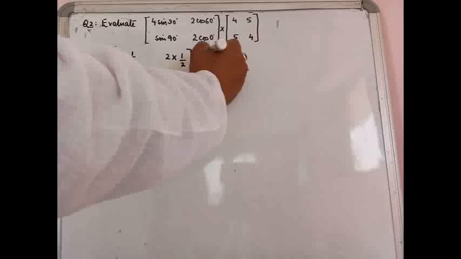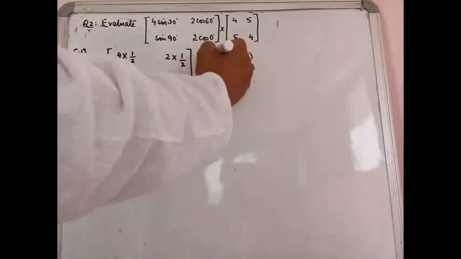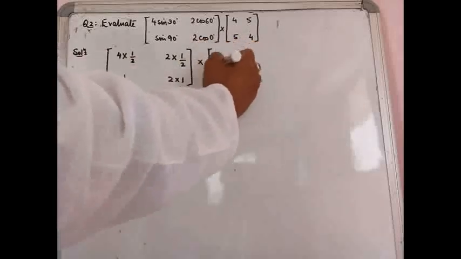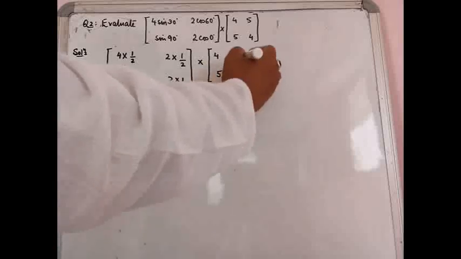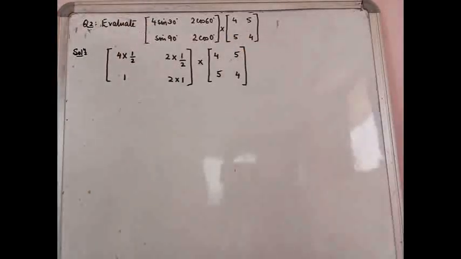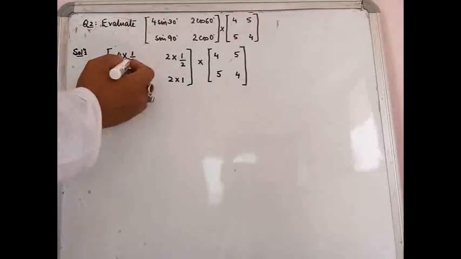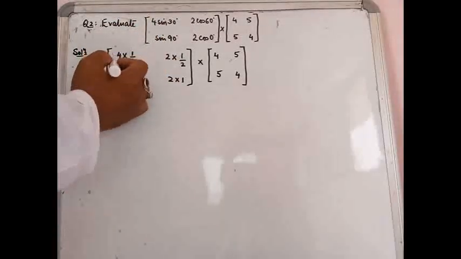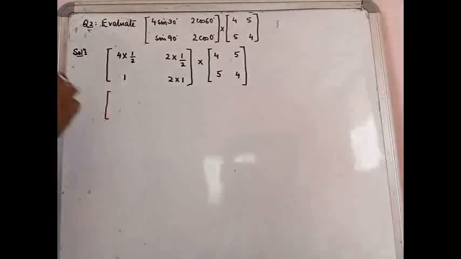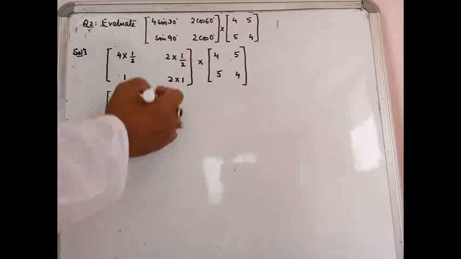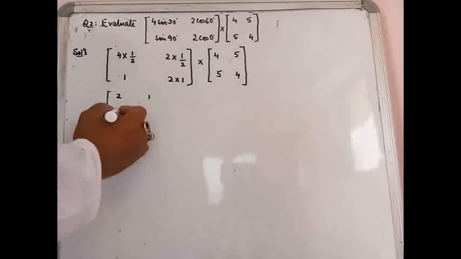Multiplied by, you have 4, 5, 5 and 4. That's the second matrix. So we are not going to do anything with the second matrix as of now. Now 2 and this 4 get cancelled, but I'm not going to cancel them over here. I'm simply going to write 2 over here. Then this 2 and this 2 get cancelled, so you get a 1 over here.